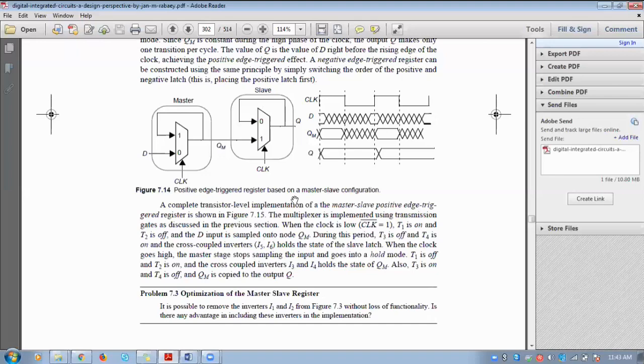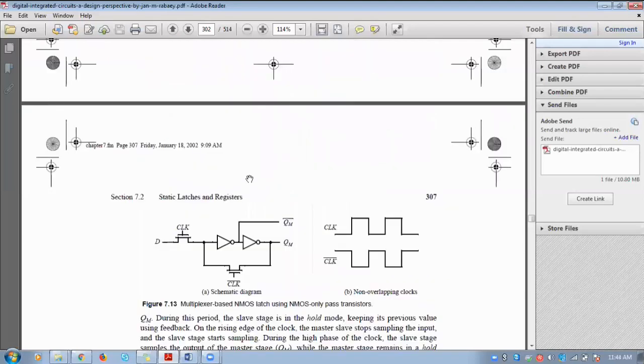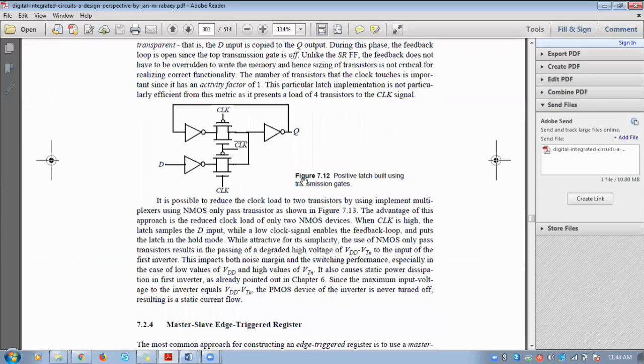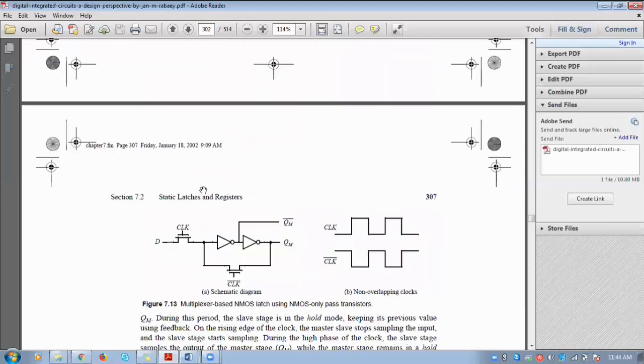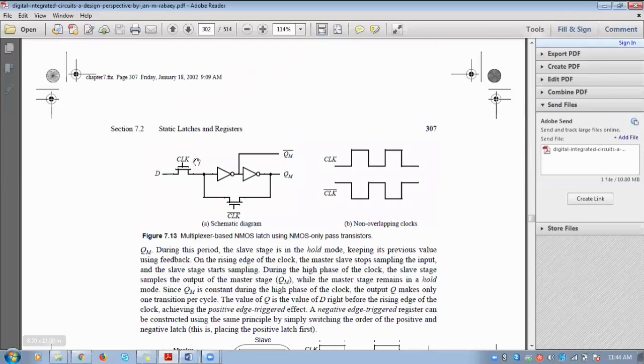So this is the normal working of a master slave configuration. The same thing we can connect using a transmission gate. So you know the transmission gate design of positive latch, right? In order to generate a negative latch, replace clock by clock bar and clock bar by clock. So that will become a negative latch. If it is a positive edge triggered transmission gate based register, this positive latch is connected to the slave region. Negative latch should be connected to the master region. Likewise, if you are doing the connection using pass transistor, actually it is a positive latch.